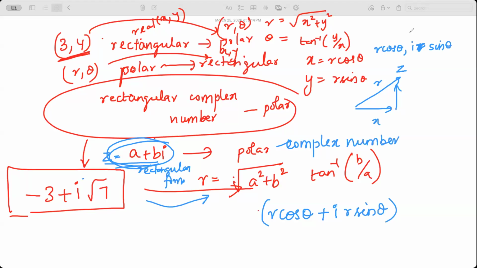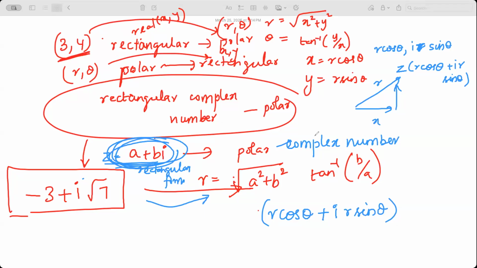So when I write the z in polar form, I'll write it out as r cos theta plus I r sin theta. So let's go ahead and find out r and theta here. It is very similar to converting rectangular to polar. However, it does not stop there. The way we represent a complex number in rectangular form is a plus bi.